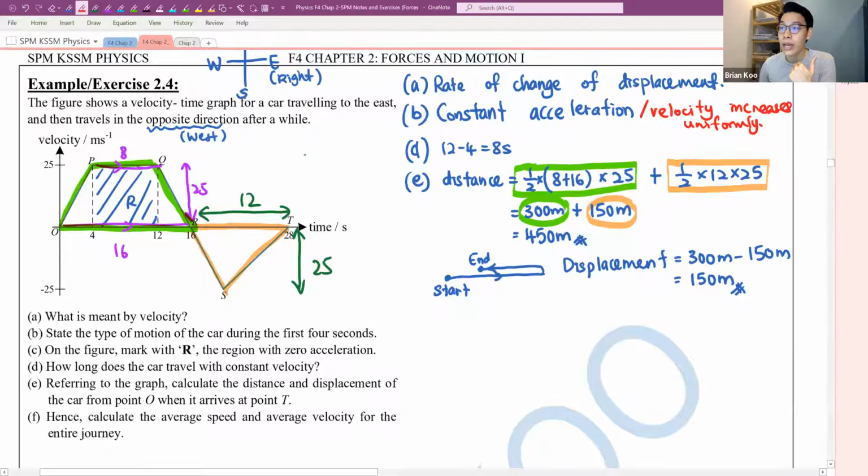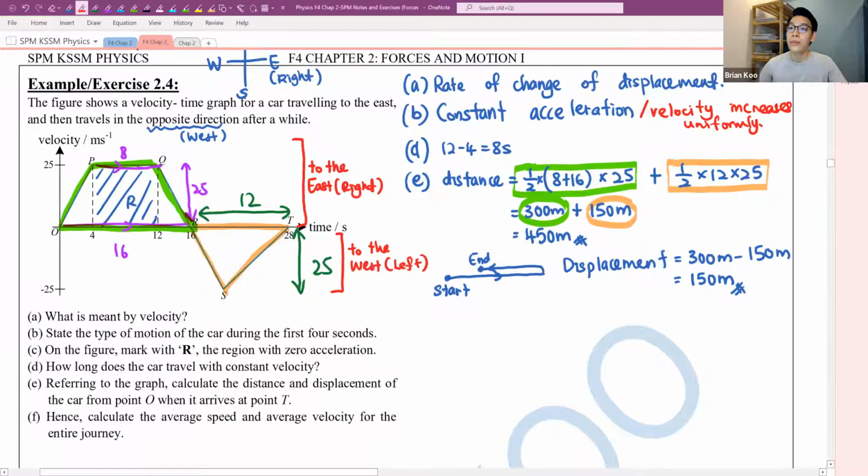So maybe you guys can add on in your diagram here that anything that is a positive velocity, that means above the x-axis, is moving to the east. My bad, to the east. East is right side. The whole thing here is to the west, left side.